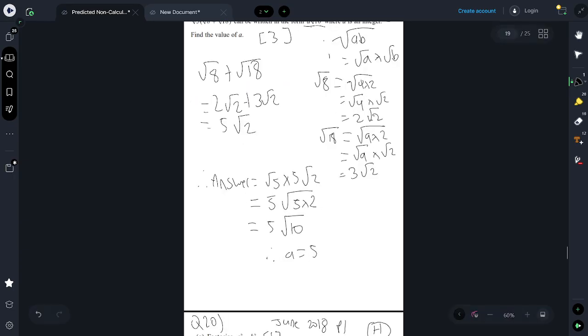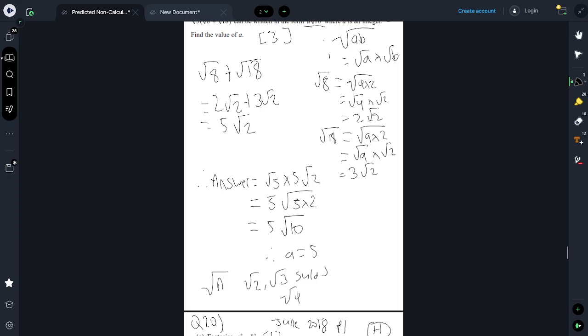And all a surd is, just quickly, is a number which isn't a square root, so it doesn't give a whole number. So root 2 and root 3 are surds because 2 and 3 are not square numbers. So this will not give a whole number.